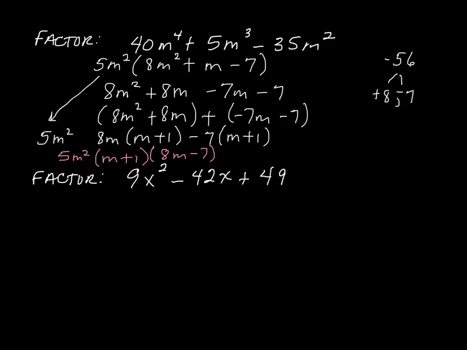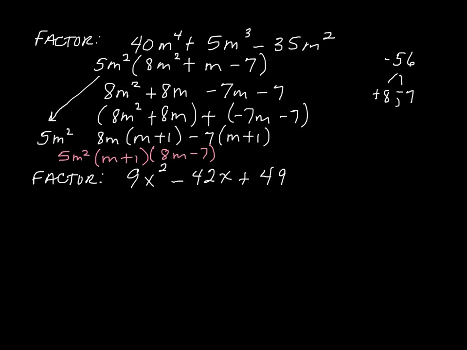Look at the next one. 9x squared minus 42x plus 49. Okay, so when you look at this one, you ask yourself, is there a GCF that can be factored out? There is none.